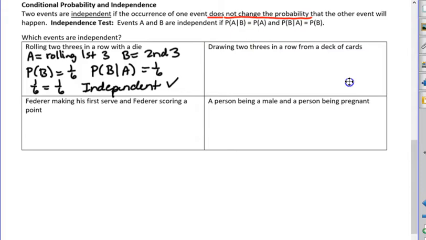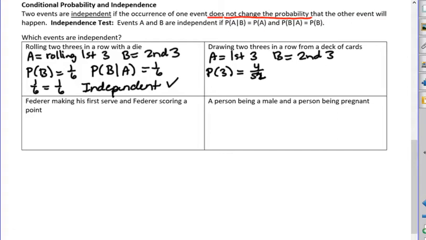Drawing two 3s in a row from a deck of cards. So let's do this again. A would be the first 3 and B would be the second 3. The probability of drawing a 3 from a deck of cards would be 4 out of 52, sorry, 52 cards, and there's 4 3s.